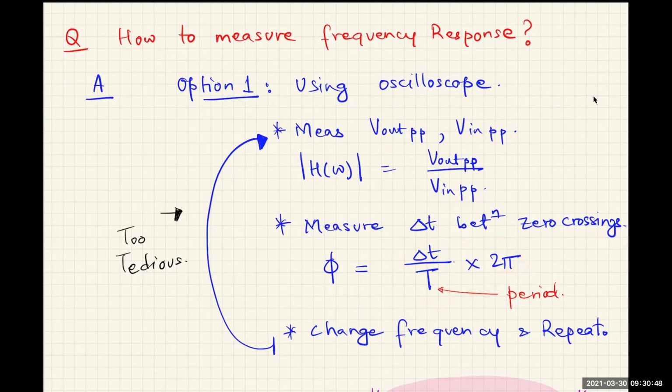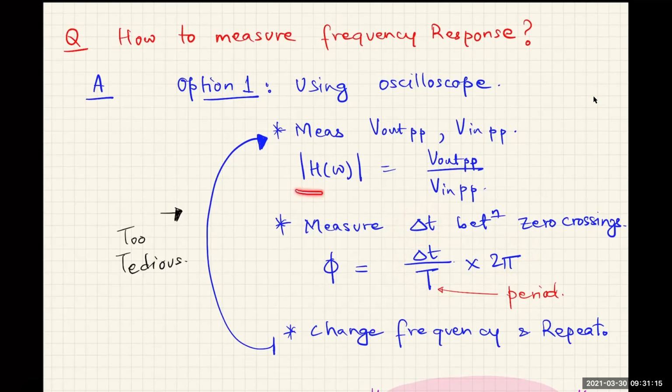In lab equipment, not your 82, in the lab equipment that we have at the university, the oscilloscopes can make this measurement by itself, but 82 does not have that feature, and you have to resort to measuring the time delay between zero crossings and calculate the phase that way.